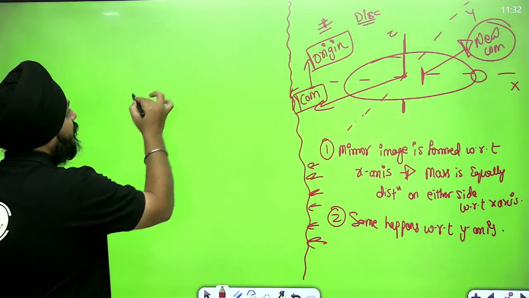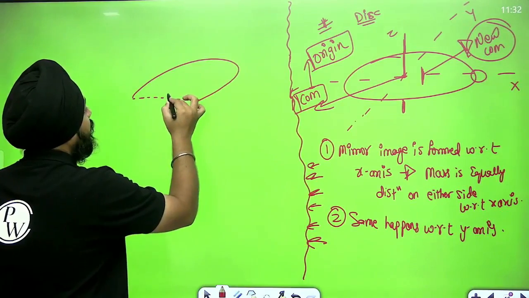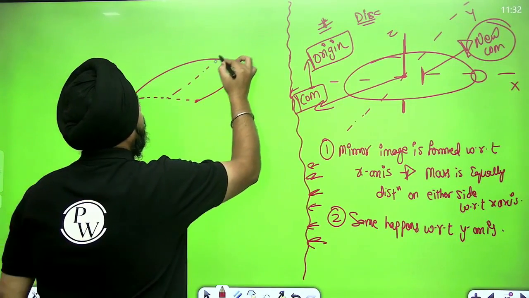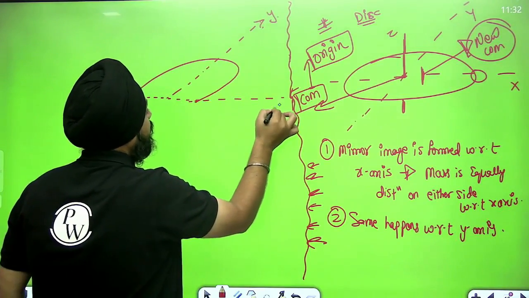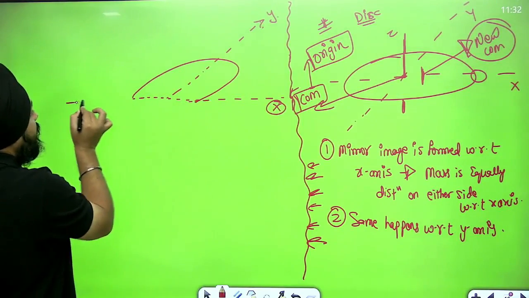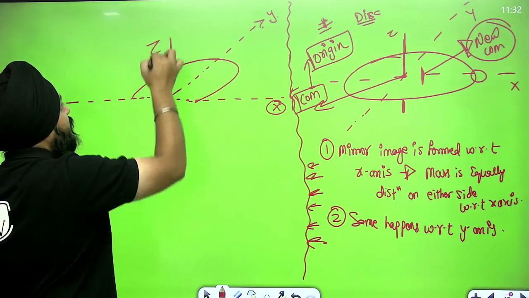See, this is the y-axis, this is the x-axis, this is the z-axis.